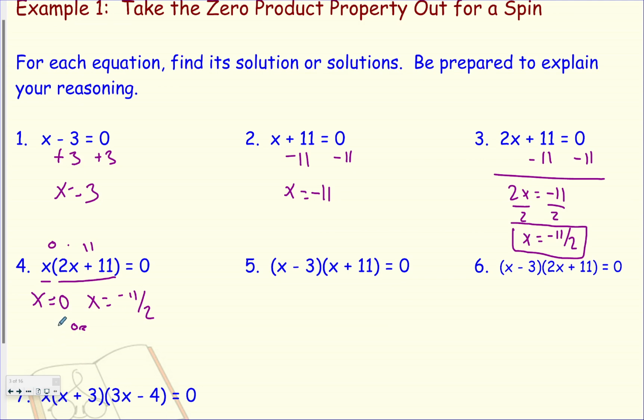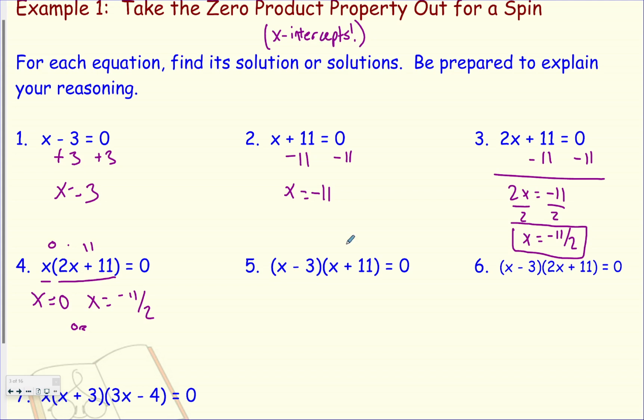But the word "or" is important because we're being told that x can't be both numbers at the same time. Only one of them. If either one gets plugged in for x, then this whole product will equal 0. This also means that these are the x-intercepts of this particular graph. When we're finding the solutions, we're also finding x-intercepts.